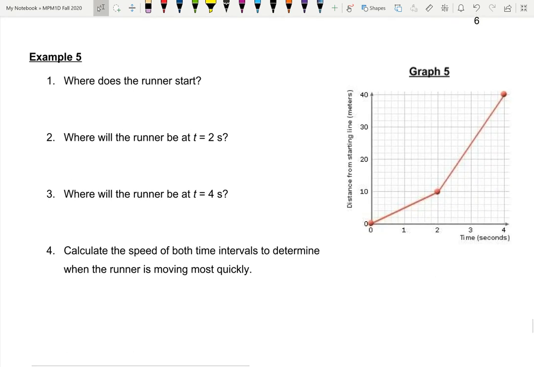Okay, so the last example here, graph 5, where does the runner start? Well, 0, 0, that's the starting line. Where will the runner be at t is equal to 2 seconds? Where will he be? 10 meters from the starting line.